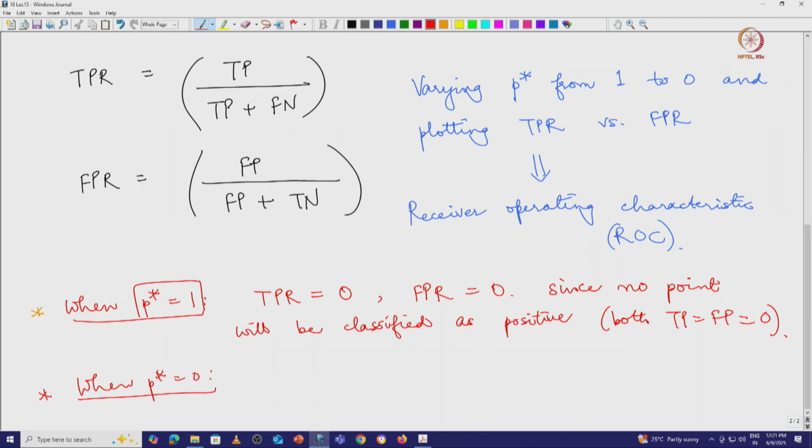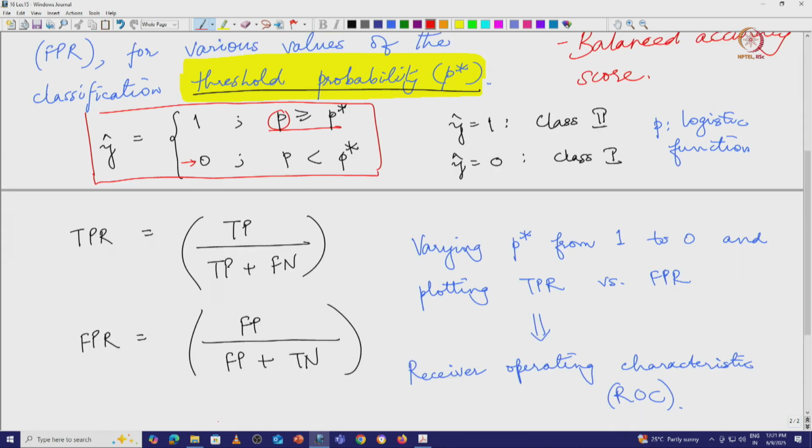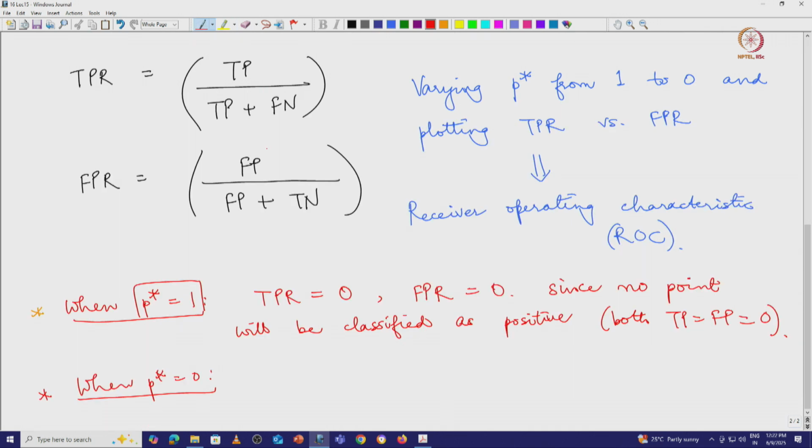In this case, what will happen according to the equation above? Let us scroll up. Your p star equals 0, so all the points will satisfy this condition, because obviously the predicted probability will always be greater than or equal to 0. So when p star equals 0, all the points will be classified as positive. Even the points that are correctly classified, the true positive rate will be 1, and even the points that are incorrectly classified as positive, that will also be 1.